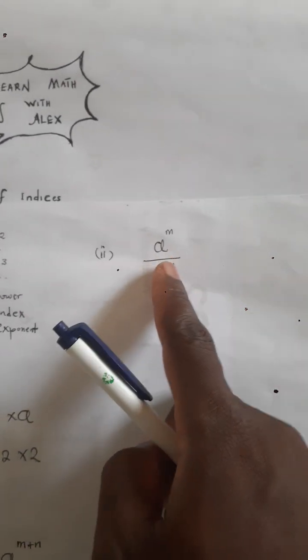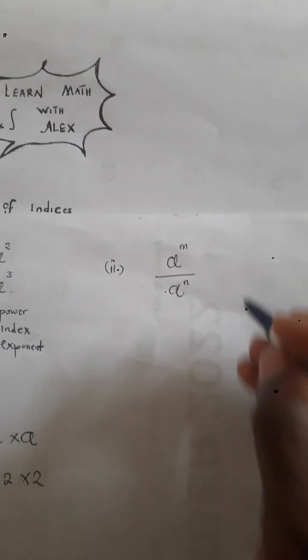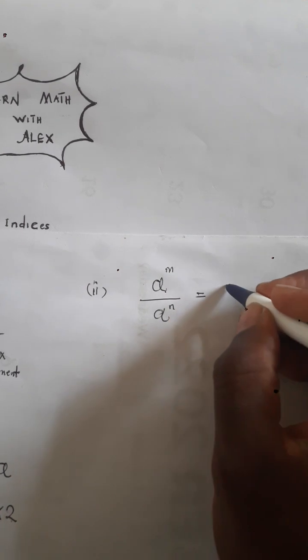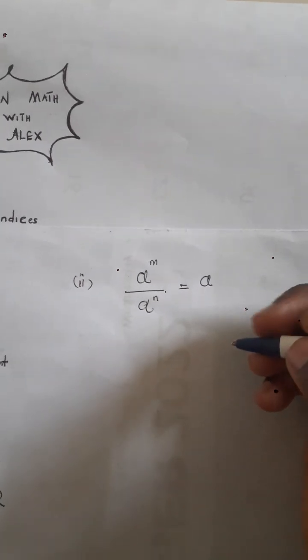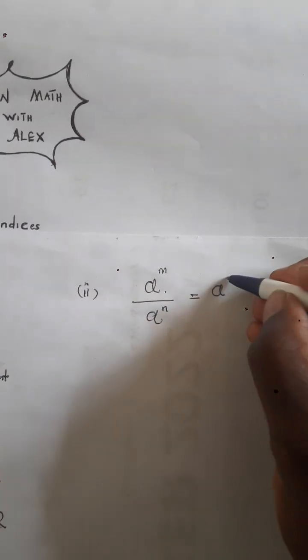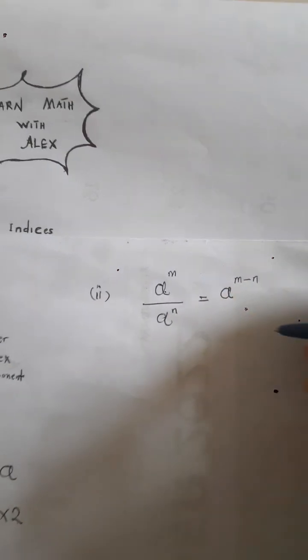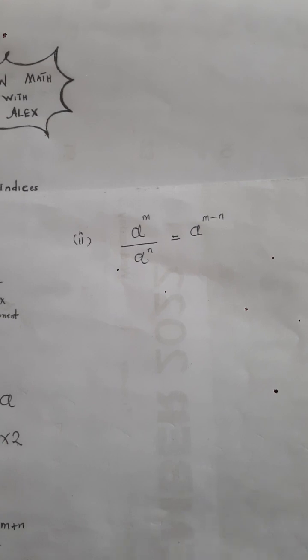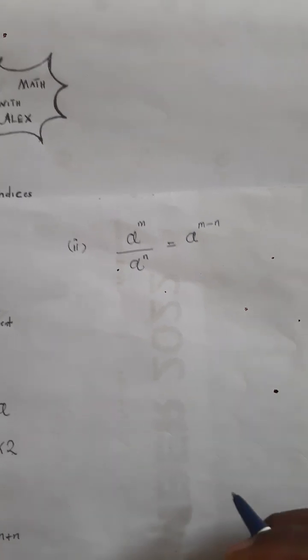When you are dividing numbers of the same base, you get the common base, which is a, then you subtract the powers, so it is m minus n. I'm sure it is clear. There's no need to give you an example on that one.